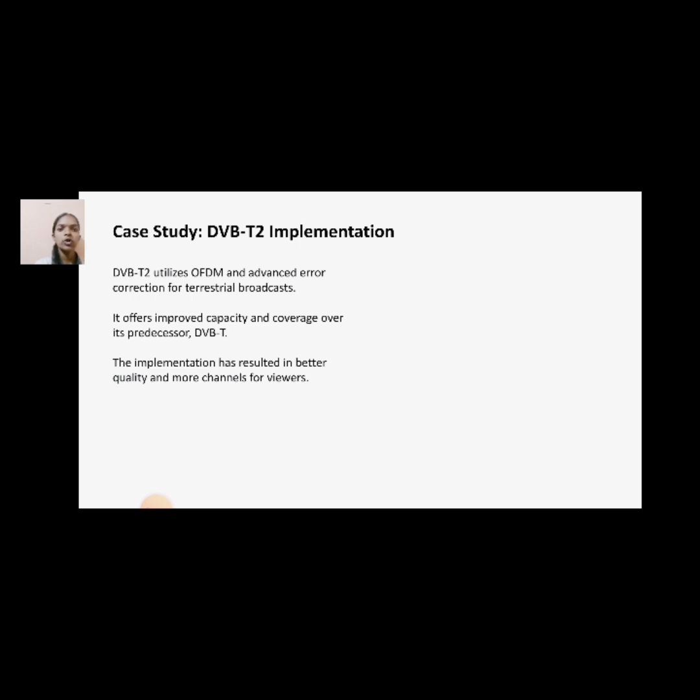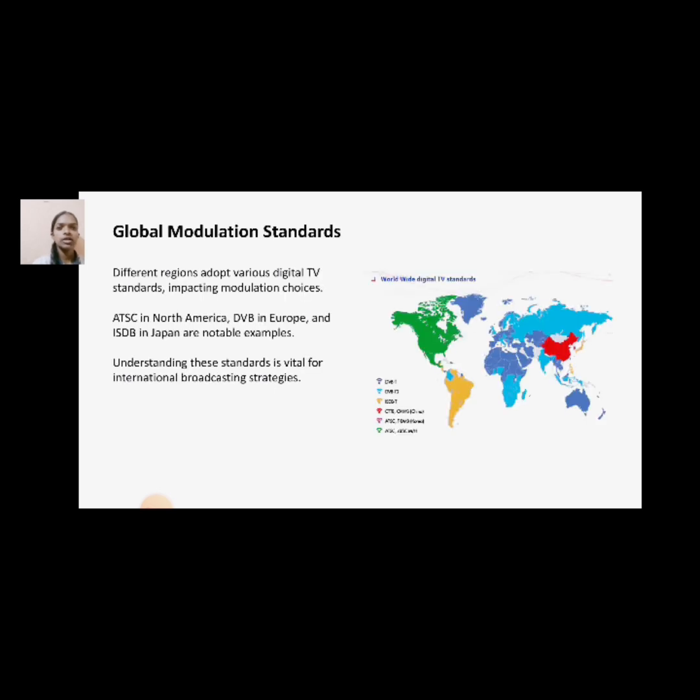DVB-T2 utilizes OFDM and advanced error correction for terrestrial broadcast. It offers improved capacity and coverage over its predecessor DVB-T. The implementation has resulted in better quality and more channels for viewers than previous modulation standards.